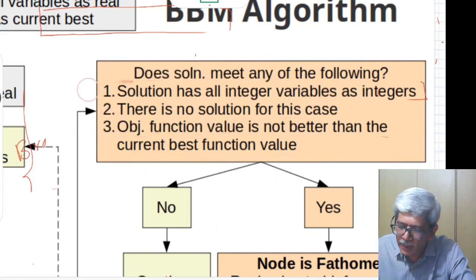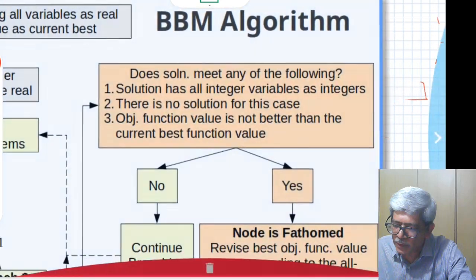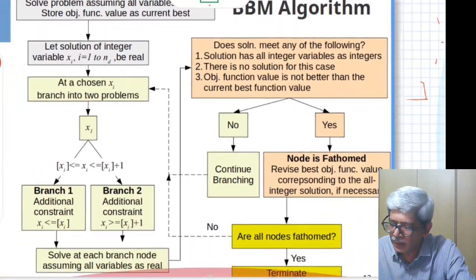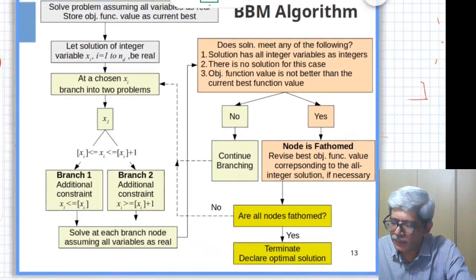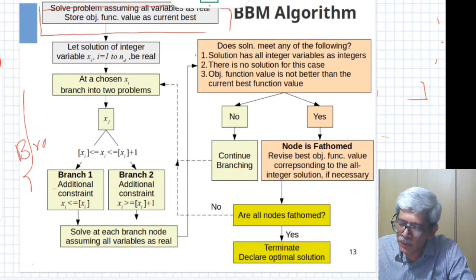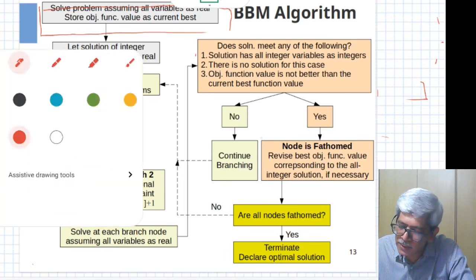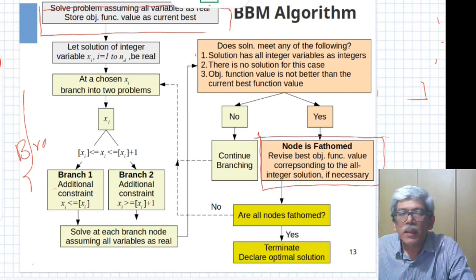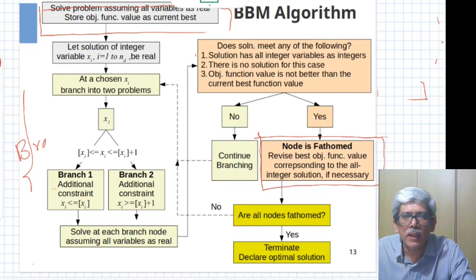So in that sense, we proceed further. If a particular node is fathomed, then the objective function value that you obtained for that node will be stored for further reference.